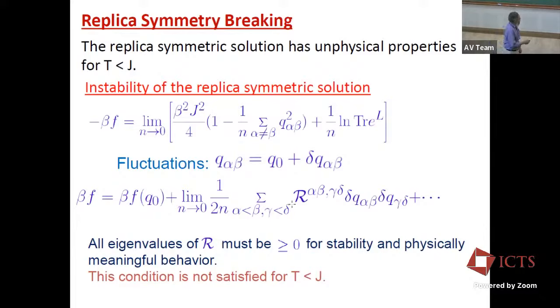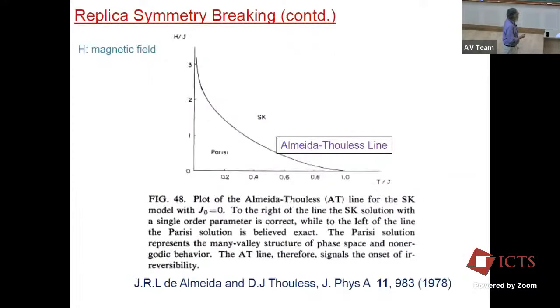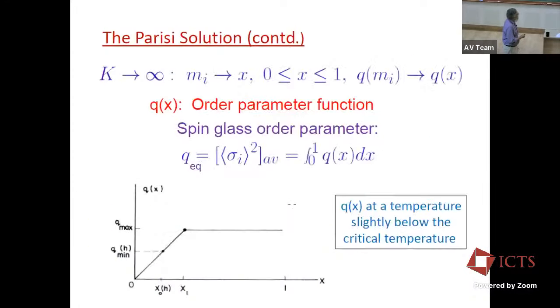So somehow we have to write these sums, and what you get when you do this trace, etc., in terms of this function. And then you have to minimize that functional with respect to this q of x, to find what is the q of x that is appropriate for a particular temperature and things like that. That is there in the Parisi paper.